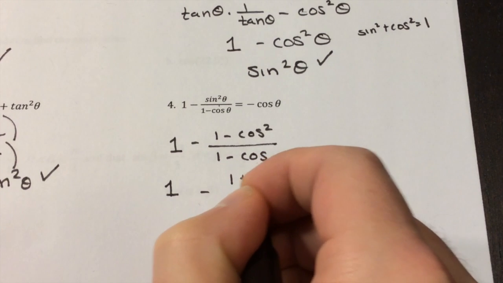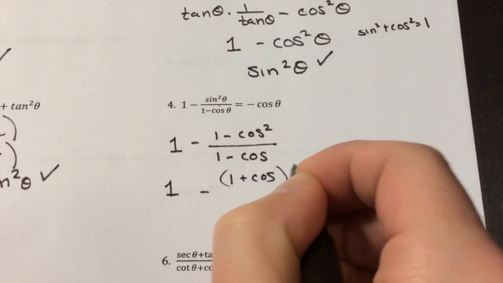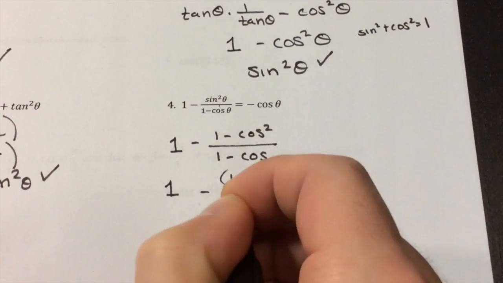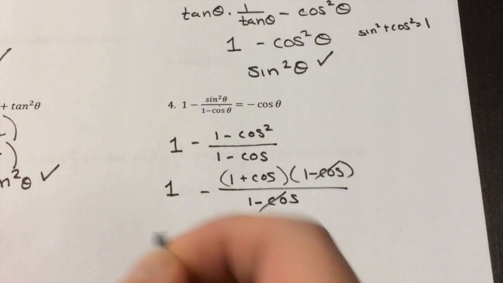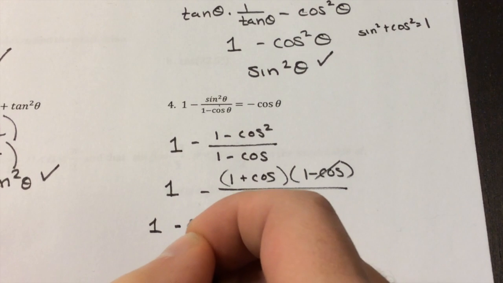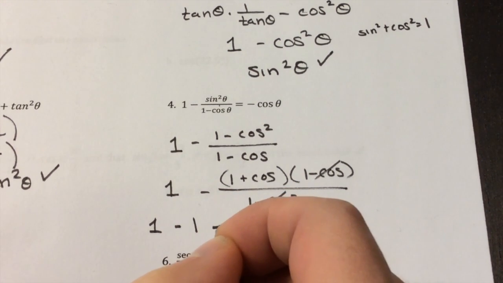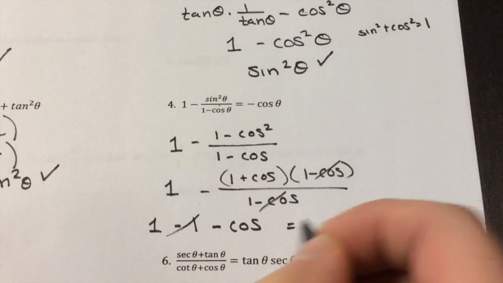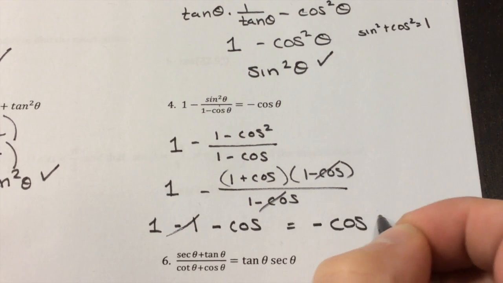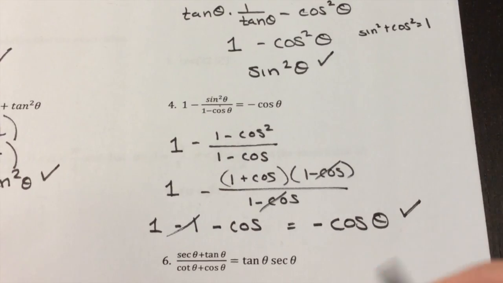So that's 1 plus cosine, 1 minus cosine, all over 1 minus cosine. These cancel, so I'm left with 1 minus 1 minus cosine. 1 minus 1 is 0, so I'm just left with negative cosine theta, which is what I want.